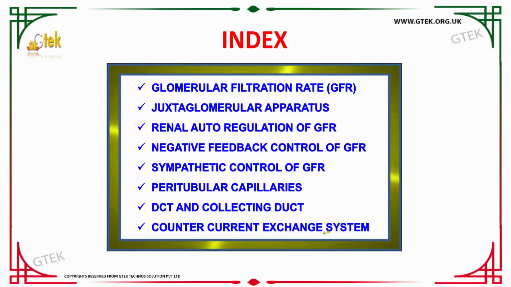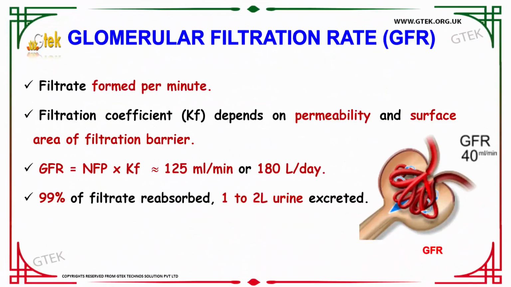Let us see what is meant by GFR, the abbreviation of glomerular filtration rate. Your glomerular filtration rate is the filtrate that is formed per minute in your nephron. Your filtration coefficient, Kf, depends on the permeability and surface area of the filtration barrier.